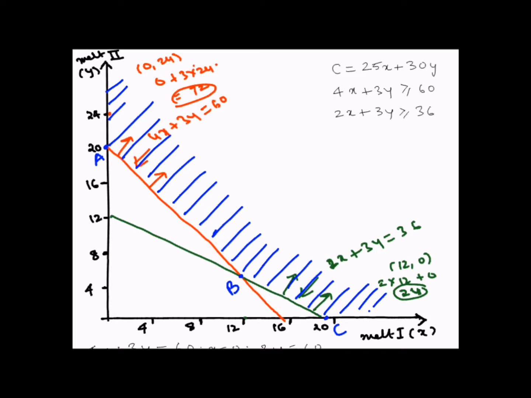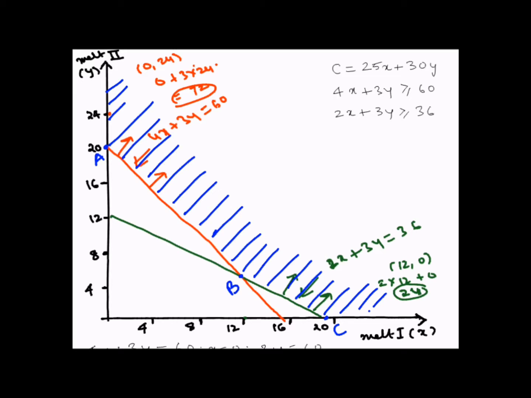Once we identify that point, we then need to find the coordinates of the point. So either we can find the coordinates of the point from the graph, or we can solve the two equations at the intersection of which this point lies.